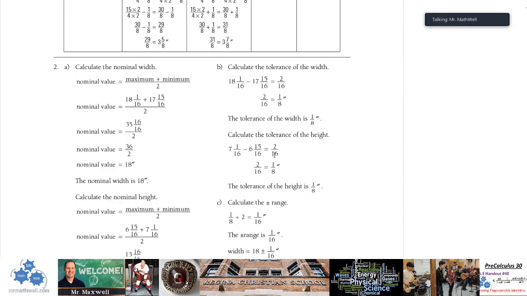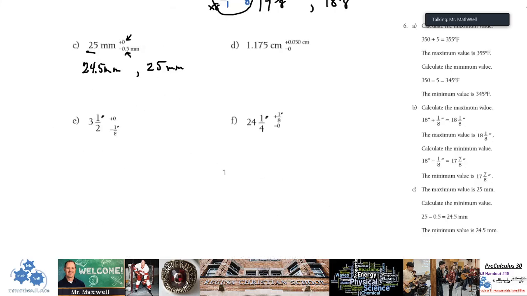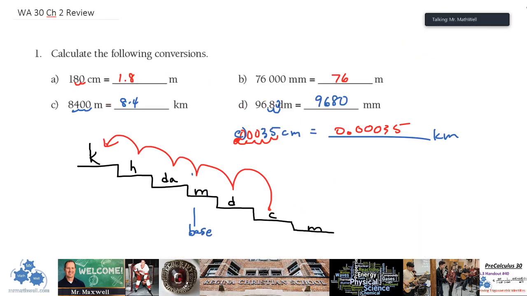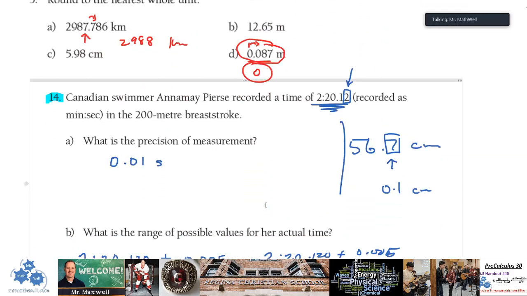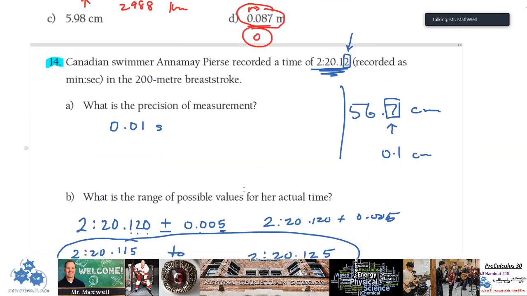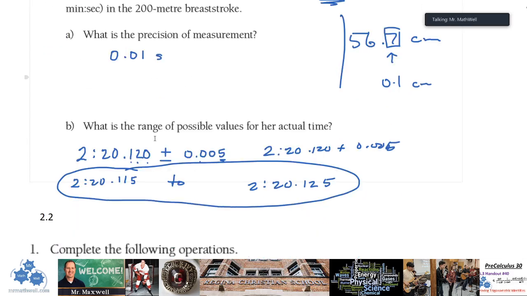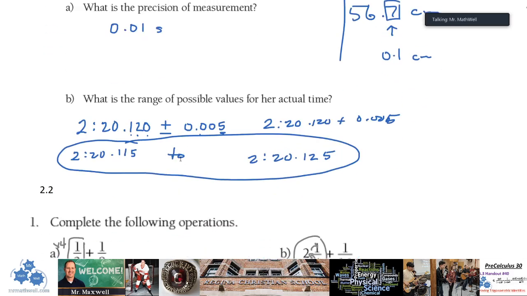All right, Workplace 30. So if there are no other questions here, just a reminder of what we are talking about. In chapter 2, we're talking about metric conversions, rounding, accuracy, precision, range of values, and uncertainty.